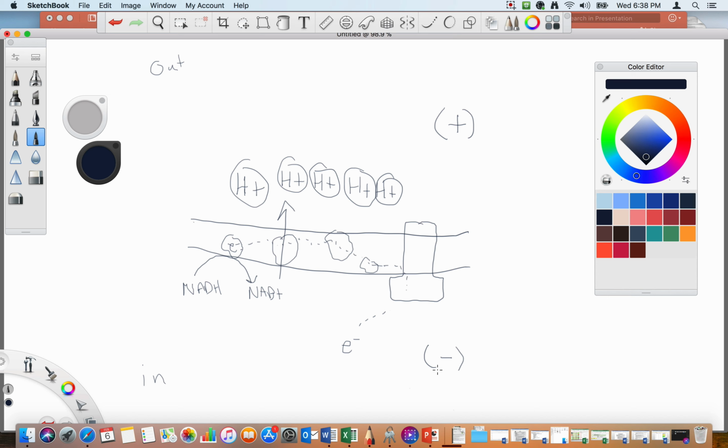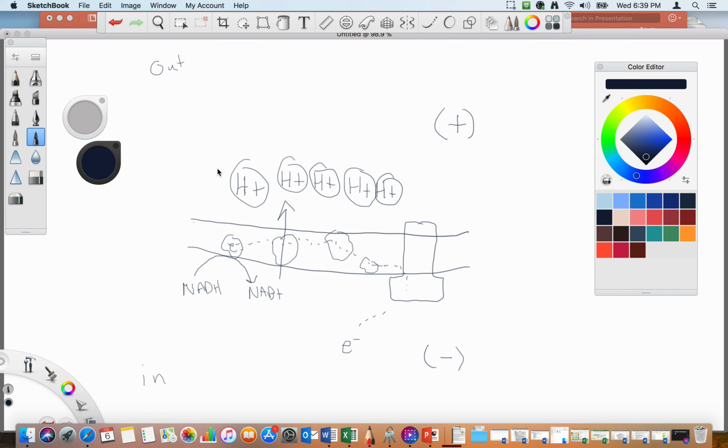So think of something that has a positive charge and a negative charge, something you might use daily. If you thought a battery, you would be correct. A battery is potential energy, and that's what we've created here with this proton gradient.